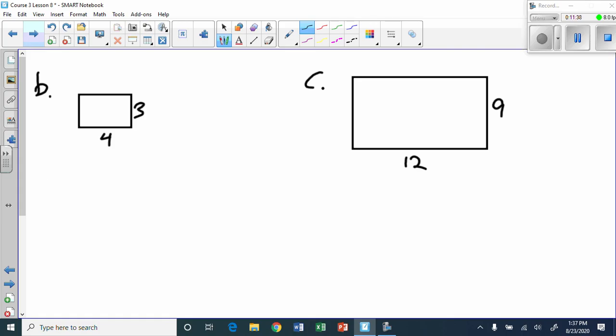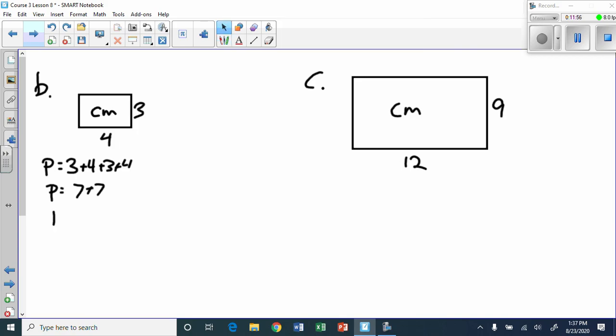So find the perimeter and the area. Perimeter equals. Now as I look at these, the dimensions are centimeters. So I like to put centimeters in here so I'm not writing it all the time. So perimeter equals 3 plus 4 plus 3 plus 4. Perimeter equals 7 plus 7. Perimeter equals 14.